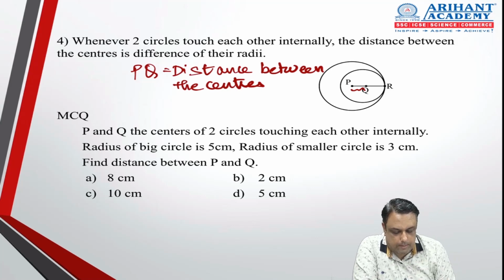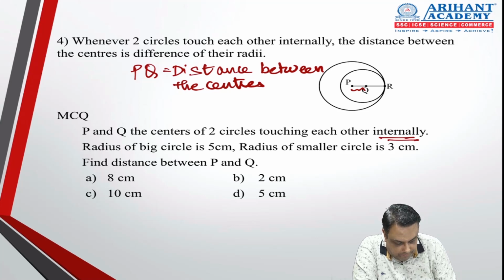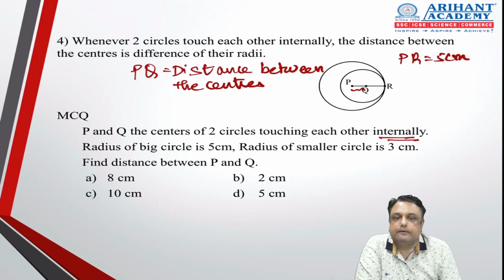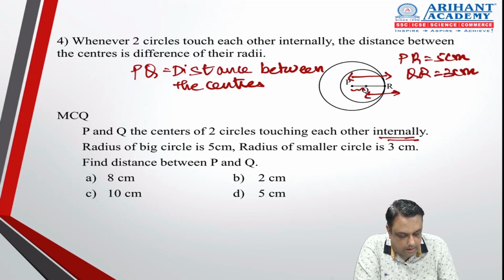Now in the MCQ, P and Q are the centers of two circles touching each other internally. Radius of the big circle is 5, so PR is 5 centimeter. And QR is the radius of the smaller circle, which is 3 centimeter. You have to find PQ.